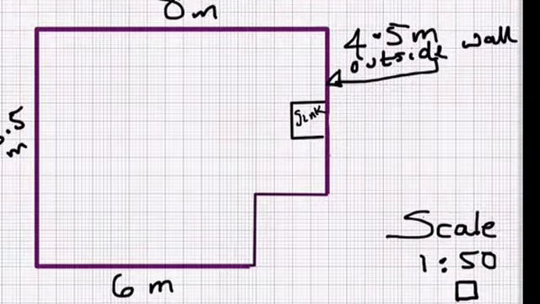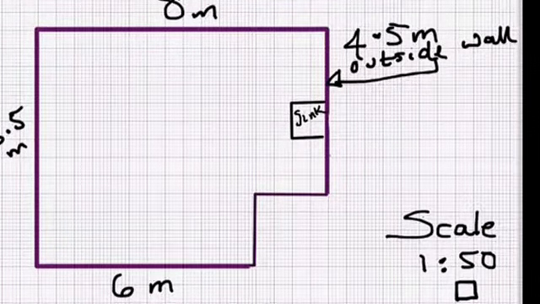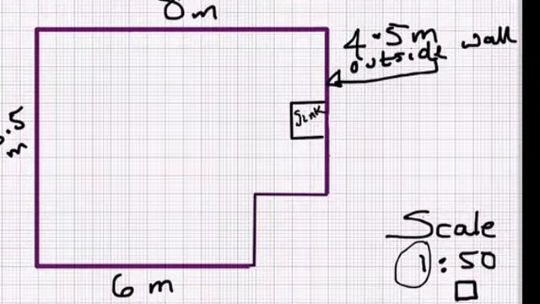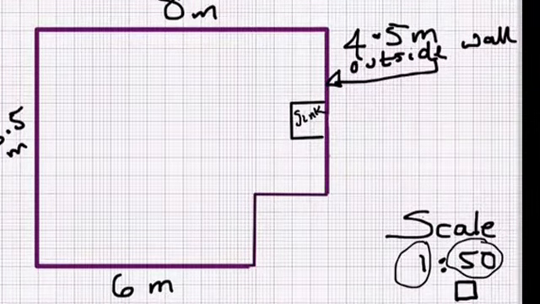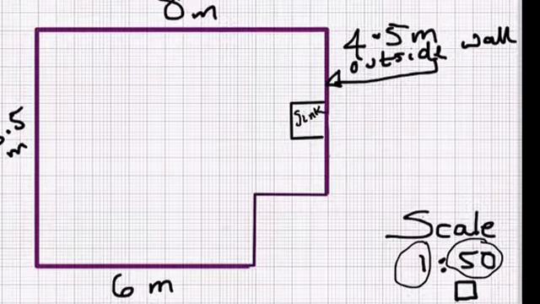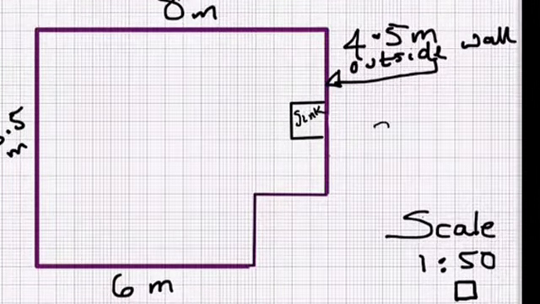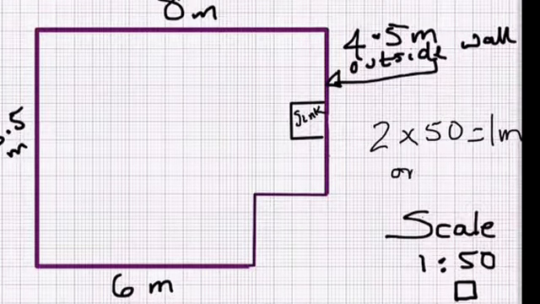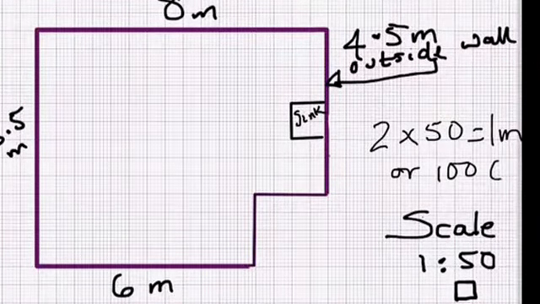So this is one I prepared earlier. So you can see here, to scale, if we're saying that 1 square is equivalent to 50 centimeters, that means it will take 2 squares to be 1 meter. Yeah? So that's 2 times 50 gives you 1 meter, or 100 centimeters.